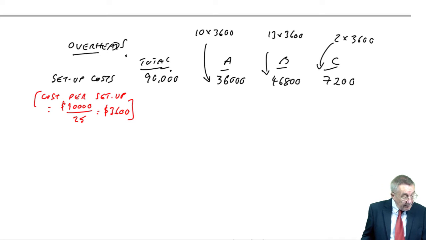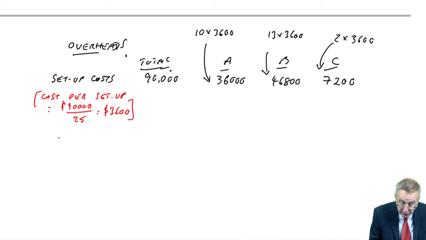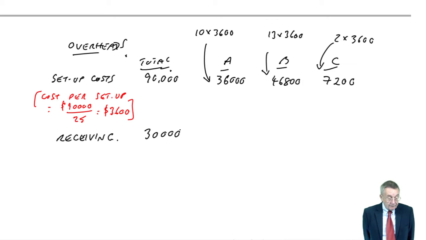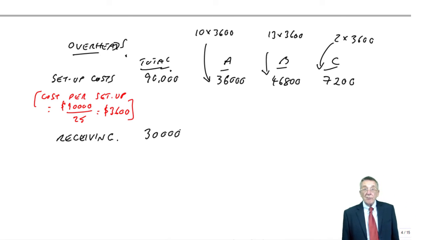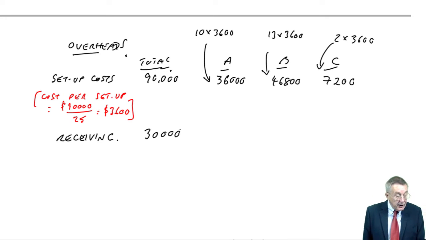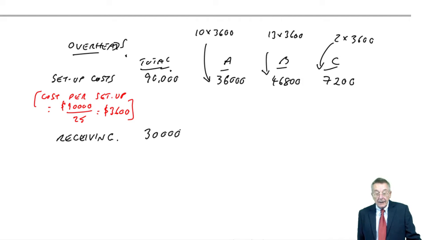So similarly, let's go back to those overheads. The next one is receiving. Total of 30,000. And again, from the information below, if this is the cost of receiving the goods into our factory, the most sensible way of charging it would appear to be on number of deliveries received.